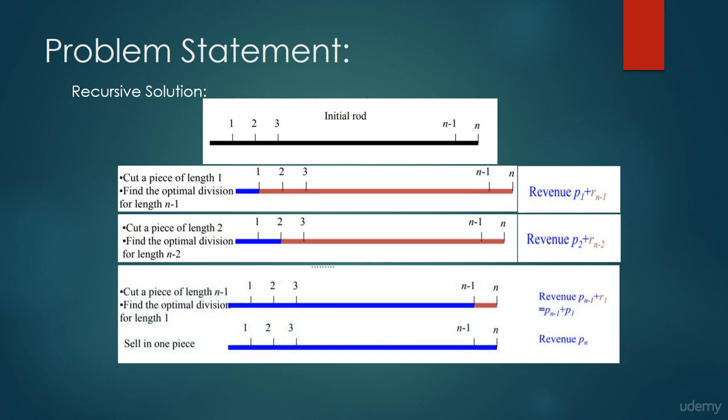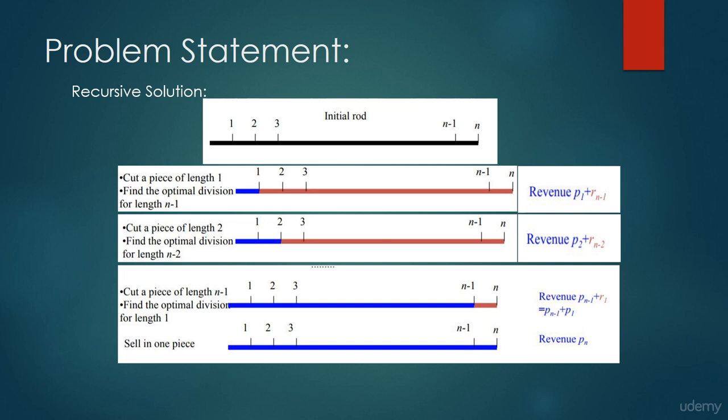Now I can keep doing the same thing: cut 3 and then find the optimum for n-3, cut 4 and then find the optimum for n-4, all the way up to cutting the first piece n-1, selling it for P_{n-1}, and then finding the optimum for the last piece.